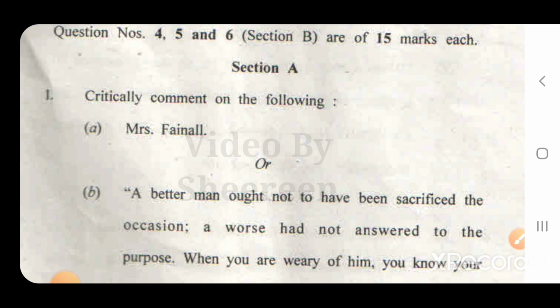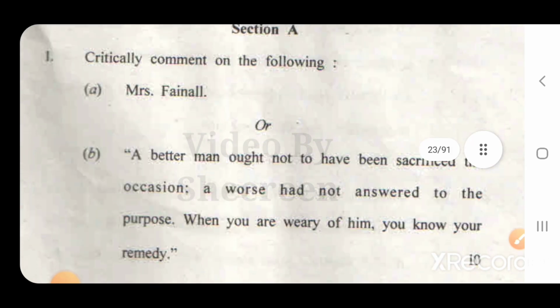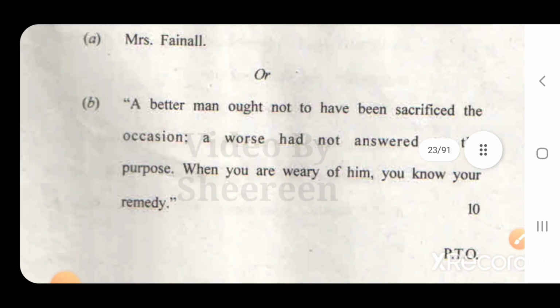Now the second choice in the same question is, "A better man ought not to have been sacrificed to the occasion. A verse had not answered to the purpose. When you are weary of him, you know your remedy." This is also from the play The Way of the World. This is a conversation between Mirabel and Mrs. Fennell. So here Mirabel is speaking with Mrs. Fennell.